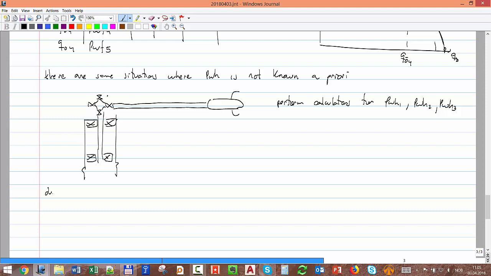Also, during the life of the field, the life of the well, the water cut will change, and the GOR usually also changes.